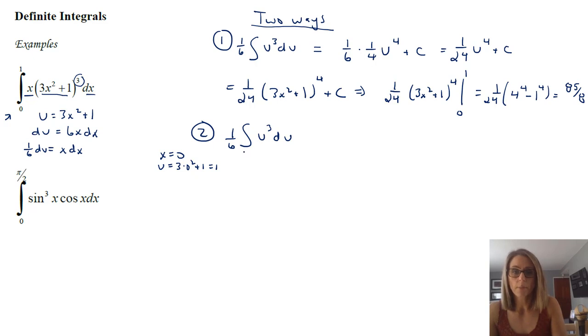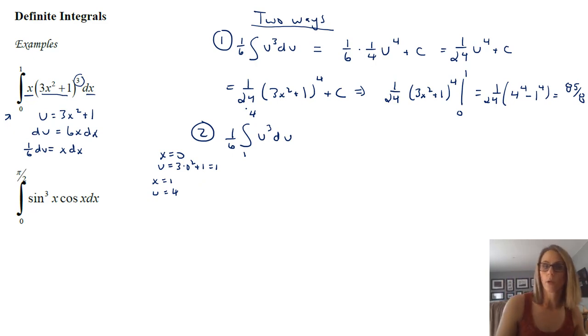So that tells me that if I'm talking about u, my lower limit is 1. Then, when I put in x equals 1, because that's the upper limit, that means that u would be, as you can see, 3 times 1 squared plus 1, just based on what u is equal to, and that's going to be 4. So the point here is, if x goes from 0 to 1, that's the same as u going from 1 to 4.